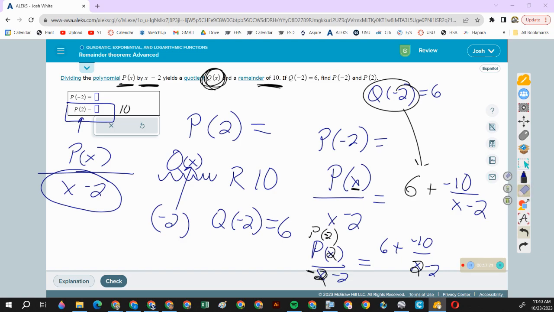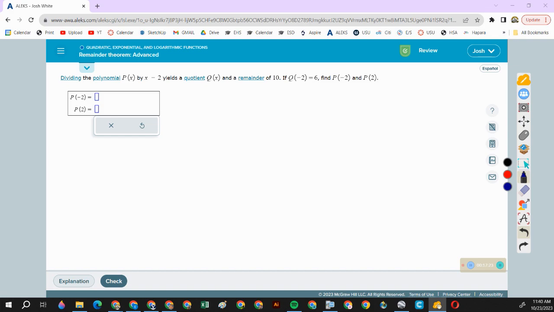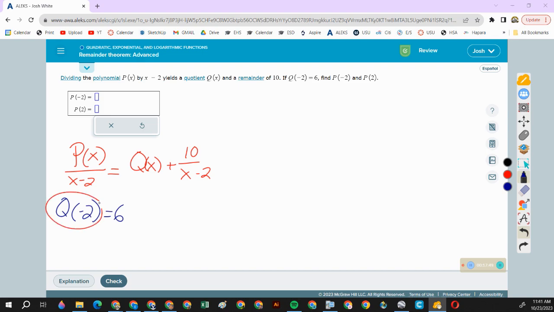Okay, let me redo that so I don't confuse you more. All right, so p of x over x minus 2 is equal to q of x plus 10 over x minus 2. All right? But I know that q of -2 is 6. So I'm going to replace this with 6.